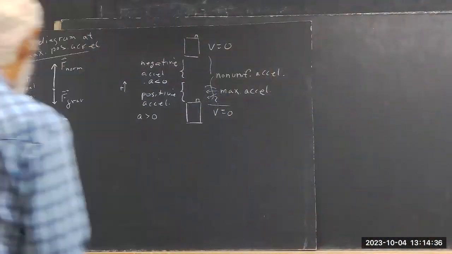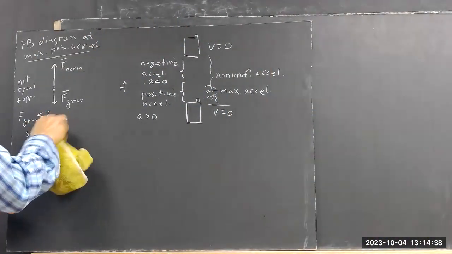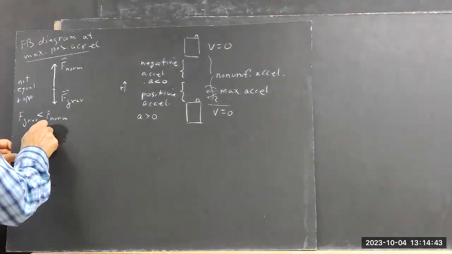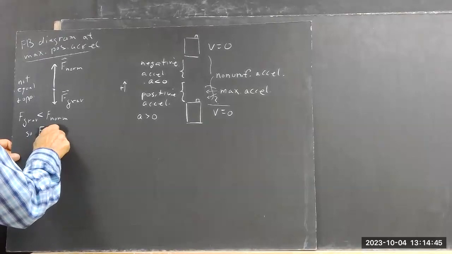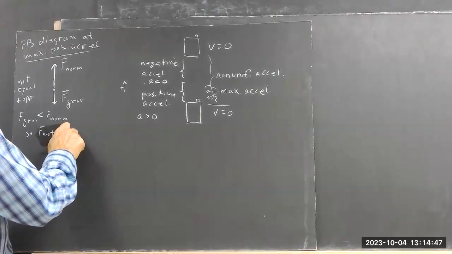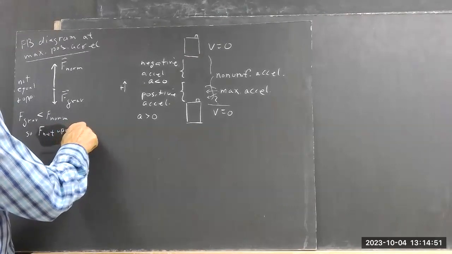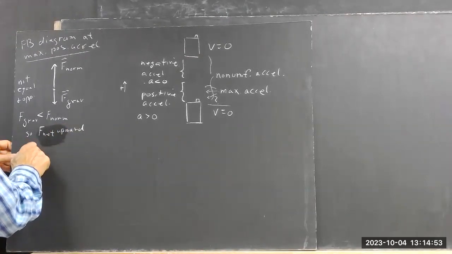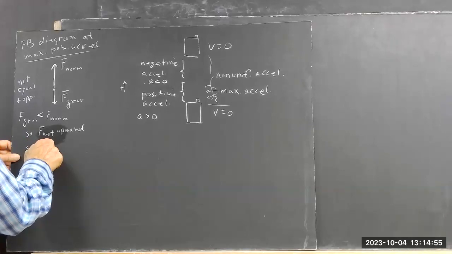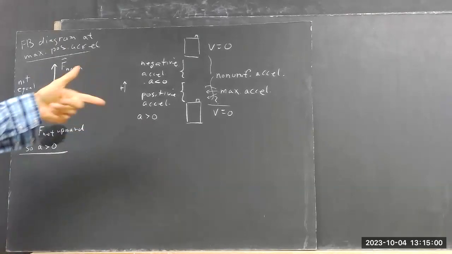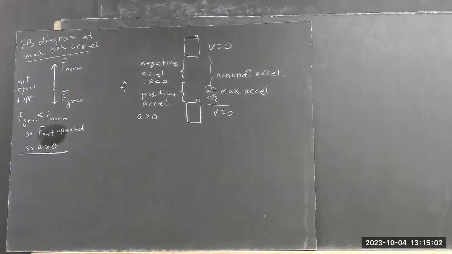It's harder to write, but it is correct. F net is upward, so that your acceleration is in what we chose to be the positive direction.